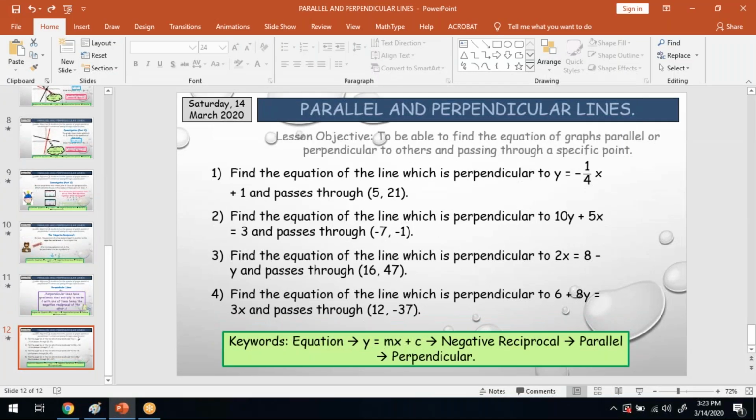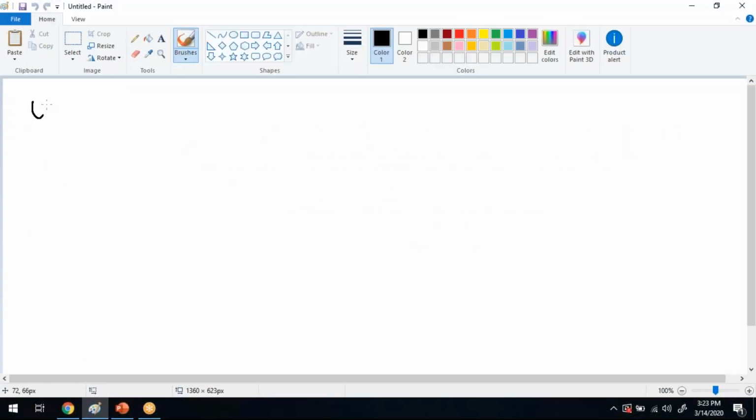Find the equation of the line which is perpendicular to y equals negative 1 over 4 x plus 1 and passes through (5, 21). So let's do this example. y equals negative 1 over 4 x plus 1, and it passes through, I guess it was (5, 21).